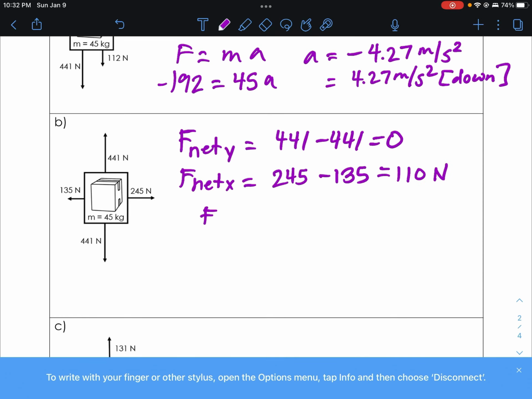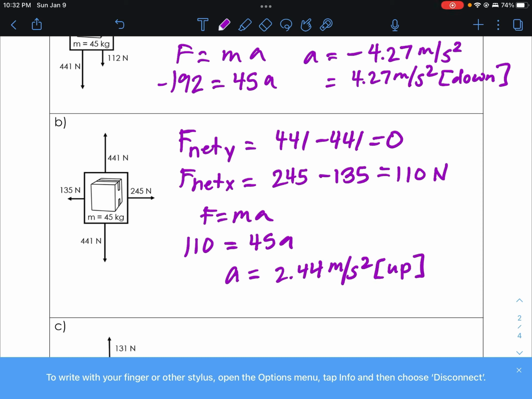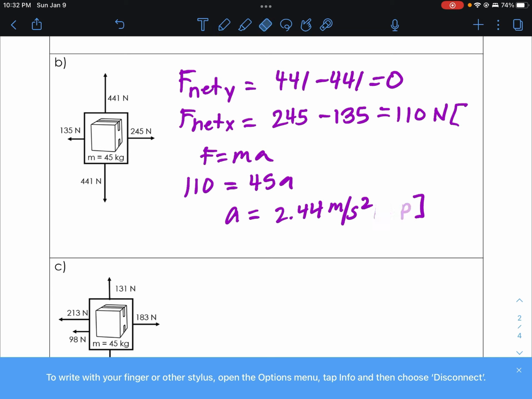F equals ma, so 110 equals 45 times a. So a is 2.44 meters per second squared. And it's up. Oh, no, it's not up. My bad. It is right.